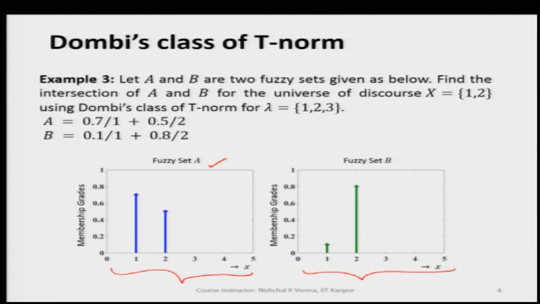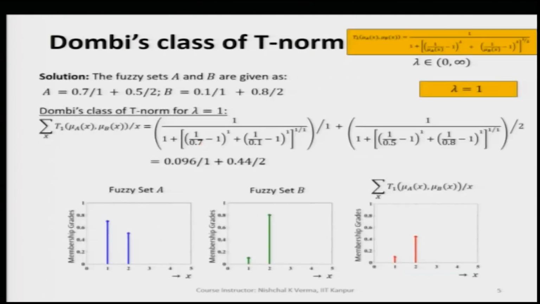We have two discrete fuzzy sets A and B, defined by these two expressions. Now, let us apply Dombi's class of T norm for finding the intersection of A and B.